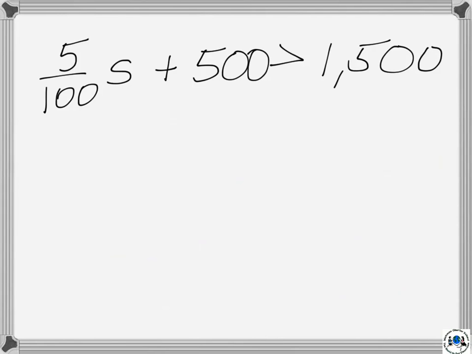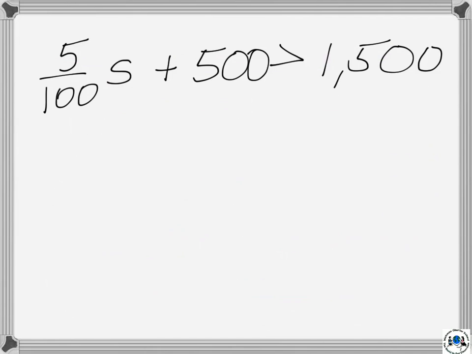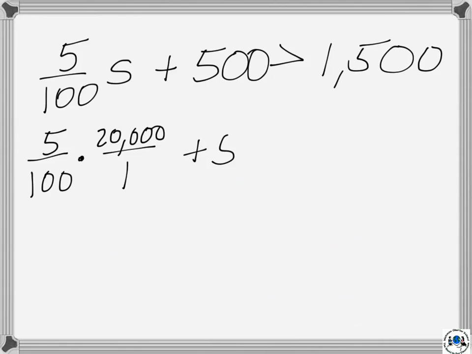And again, if you'd like to solve this along with me, you can. Okay, so go ahead. We're going to plug in now. We came up with our answer here was 20,000. So if we plug in, we have 5 over 100 times 20,000, plus 500 greater than 1,500.